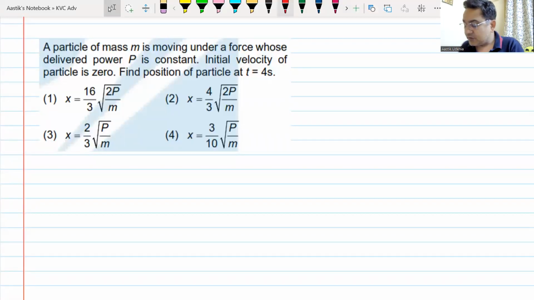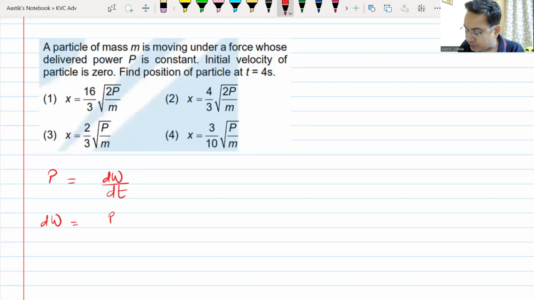Power of this thing is constant, right? Power is dW by dt, the rate at which work is done. So I can write dW is equal to P dt, or work done by the force will be equal to P into t, because power is constant. Yes or no?